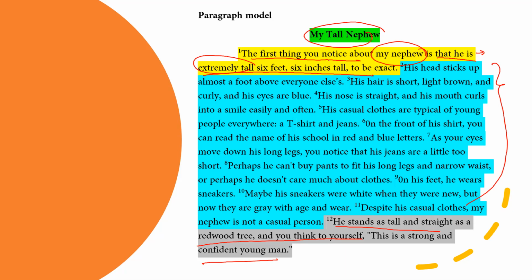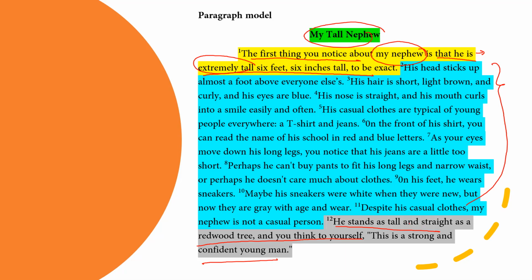In the topic sentence, the writer tells us the first thing you notice about my nephew is that he is extremely tall, 6 feet, 6 inches tall to be exact. In the concluding sentence, the writer writes, he stands as tall and straight as a redwood tree, and you think to yourself, this is a strong and confident young man.